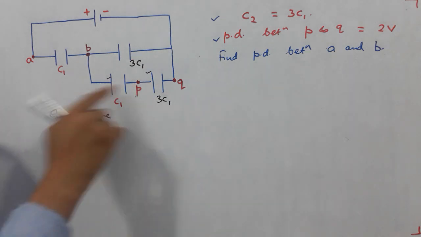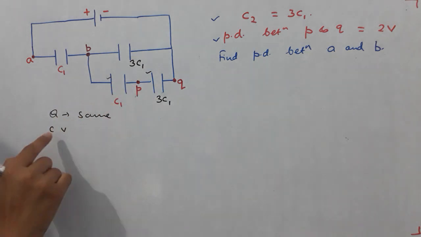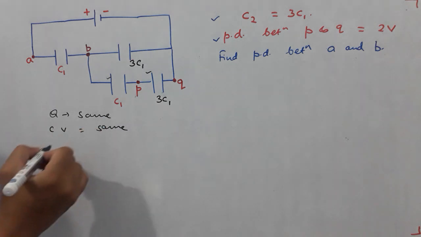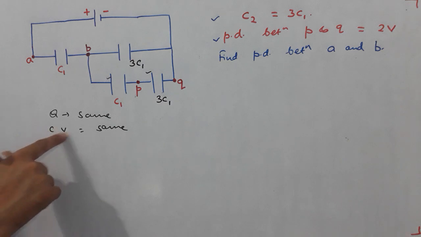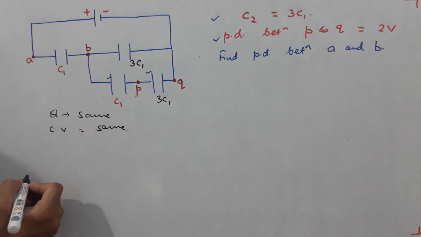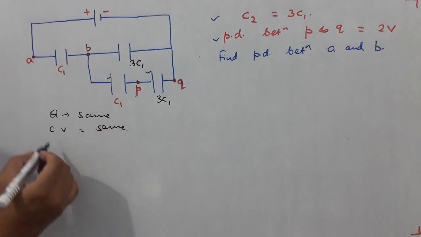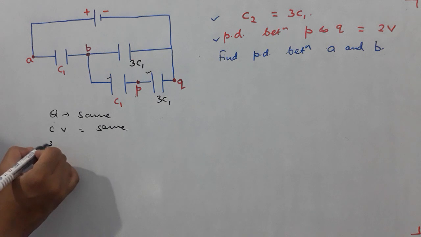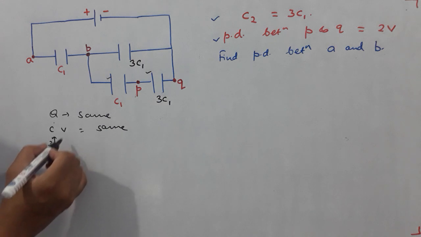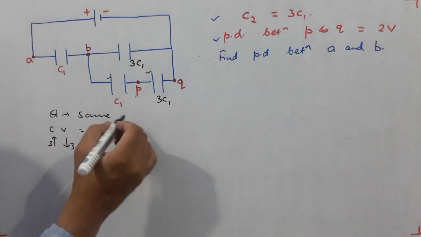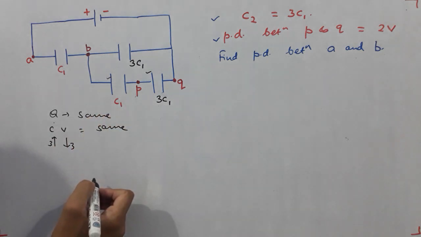Both of them have same charge, therefore for both the capacitors the product CV must be same. If the product of C and V is same, that means C is proportional to 1 by V. CV is equal to constant. If C is increased by a factor of 3, V should decrease by a factor of 3. Out of this you can see this is C1, this is 3C1.